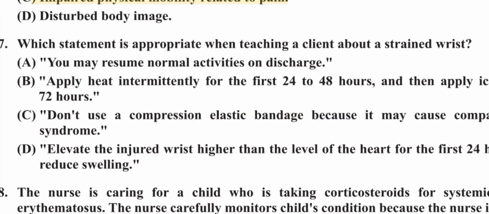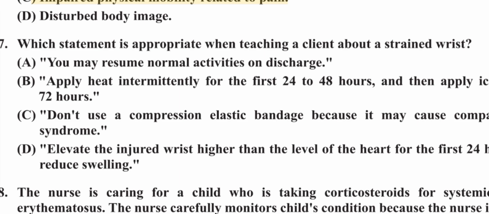Which statement is appropriate when teaching a client about a strained wrist? Option A, you may resume normal activity on discharge. Option B, apply heat intermittently for the first 24 to 48 hours and then apply ice up to 72 hours.